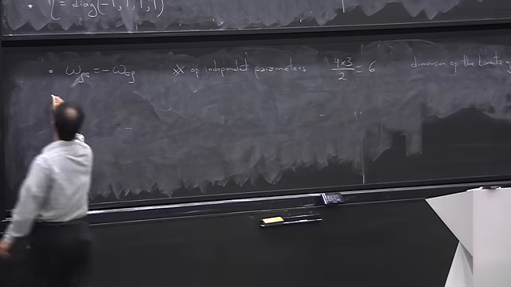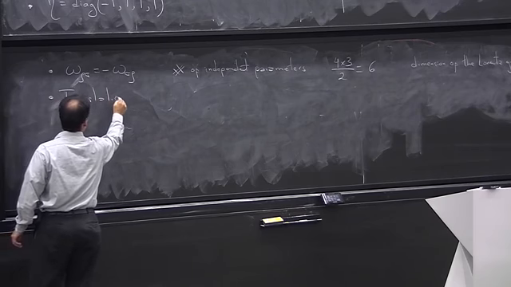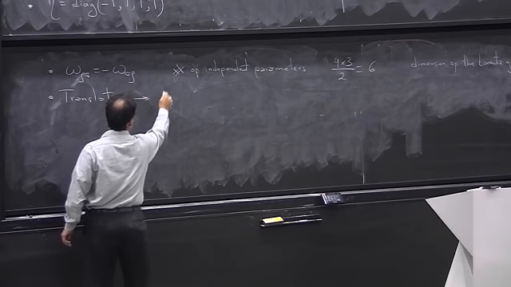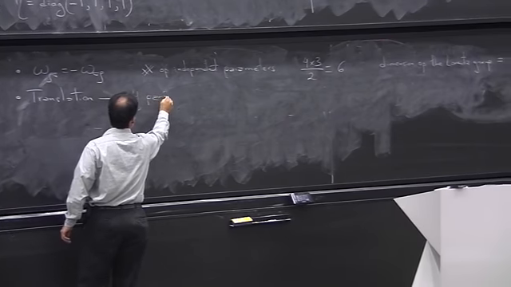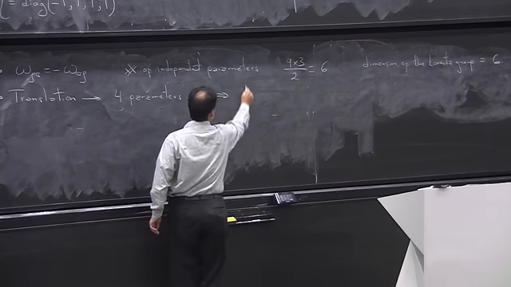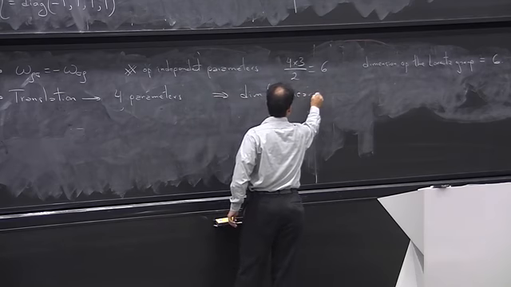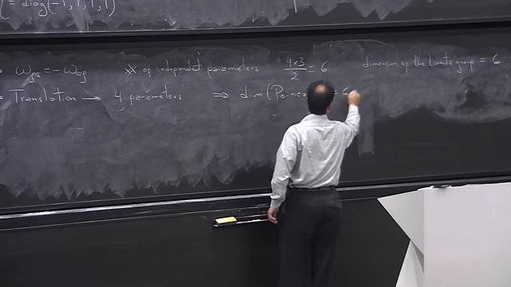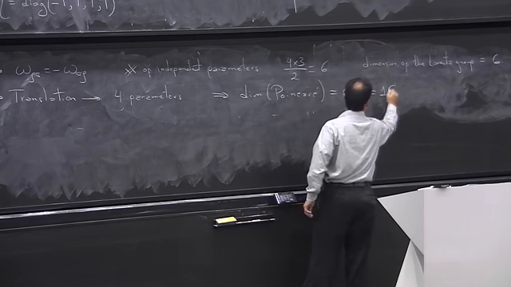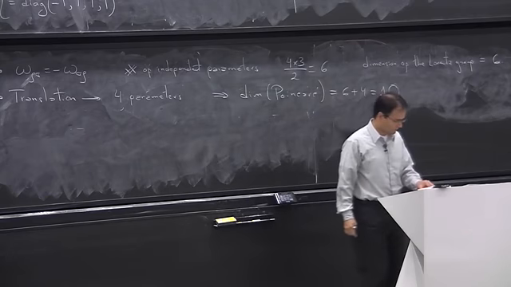Now, if we add translations, translations contribute 4 parameters. And this means that the dimension of Poincaré is 10. Okay? Very good.